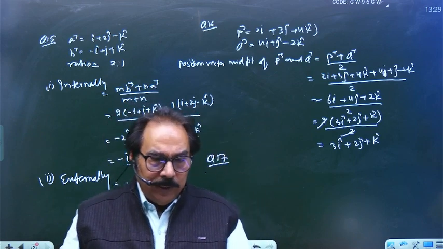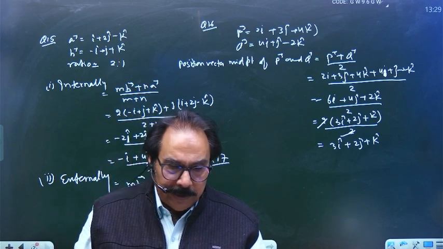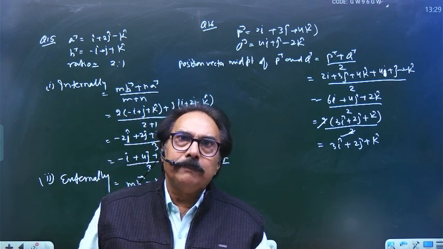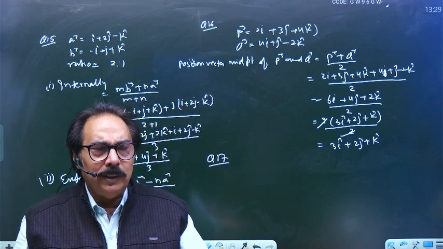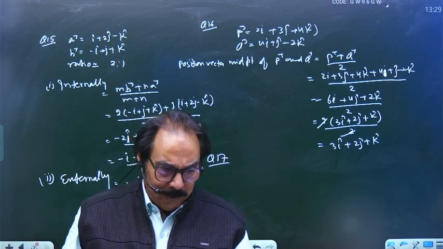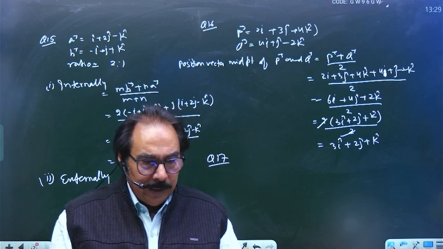So in the case of vectors, we will find the position vectors of these three points A, B, C, then find their magnitudes, and if the square of one magnitude equals the sum of the squares of the magnitudes of the other two vectors, then it is a right angle triangle.